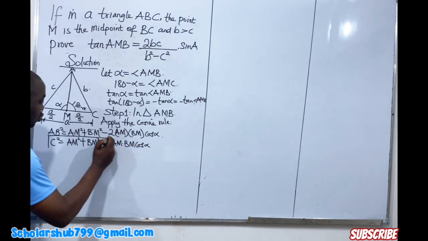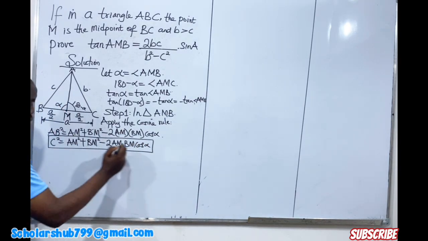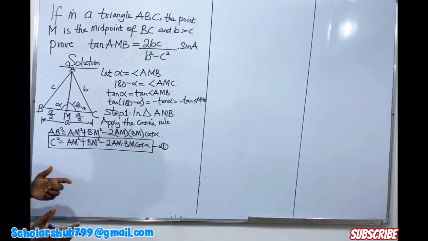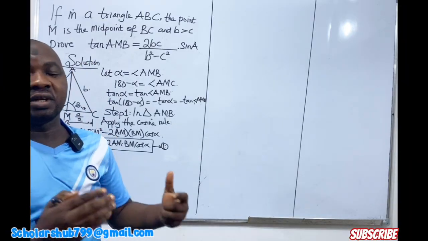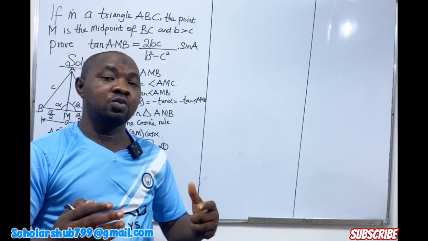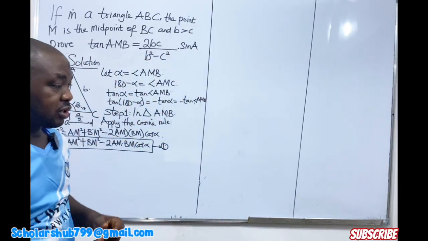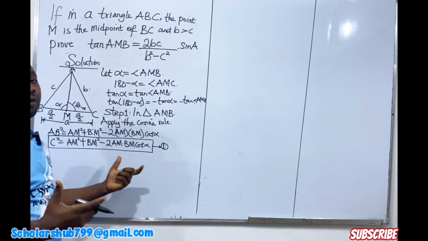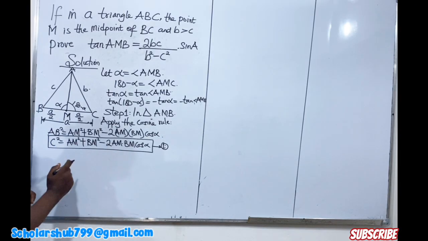This will be equation 1, so let me box it. Why are we doing this? Because from the definition of tangent, tan alpha equals sine alpha over cos alpha. So we want to obtain the expression for cos alpha. That's why we're doing this.